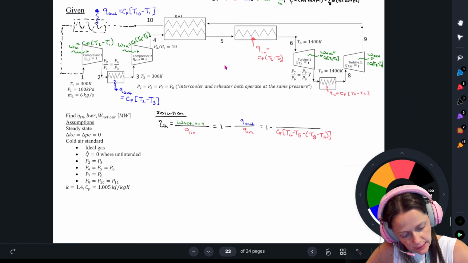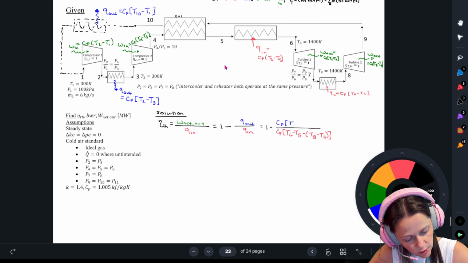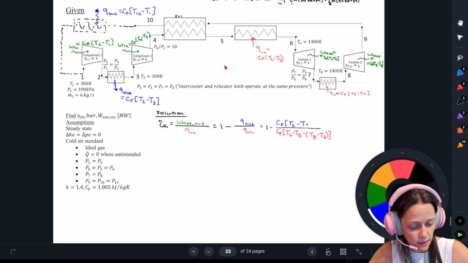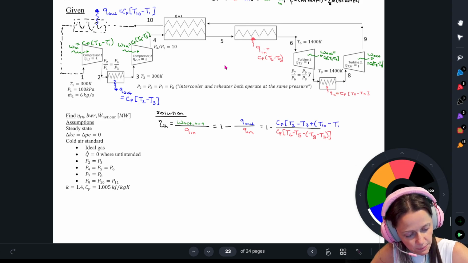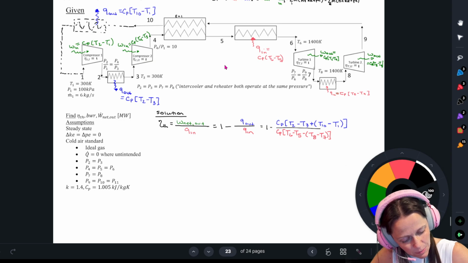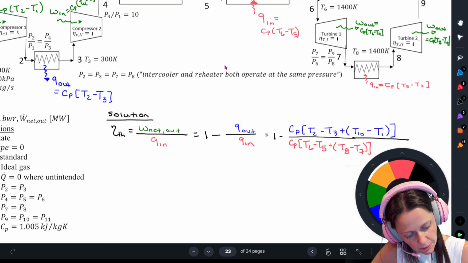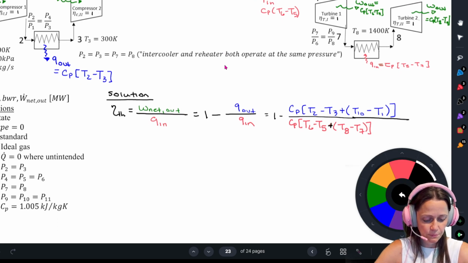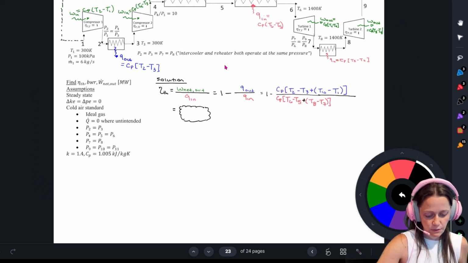So I have Cp times T2 minus T3 minus plus T10 minus T1. And I'm sorry, I realized what I did. Somebody is confused. This should be a plus because we're adding them up. That's a plus. Sorry about that. And so I'll just put a happy little cloud right here. That right there for the thermal efficiency.